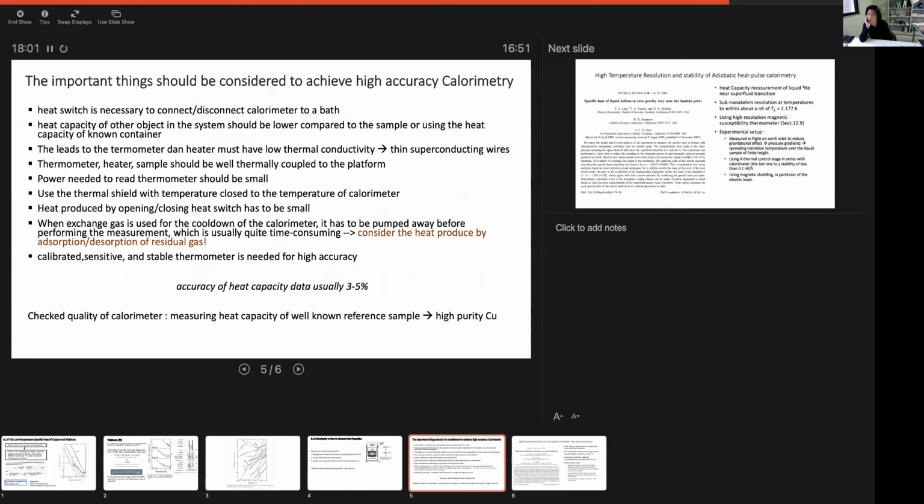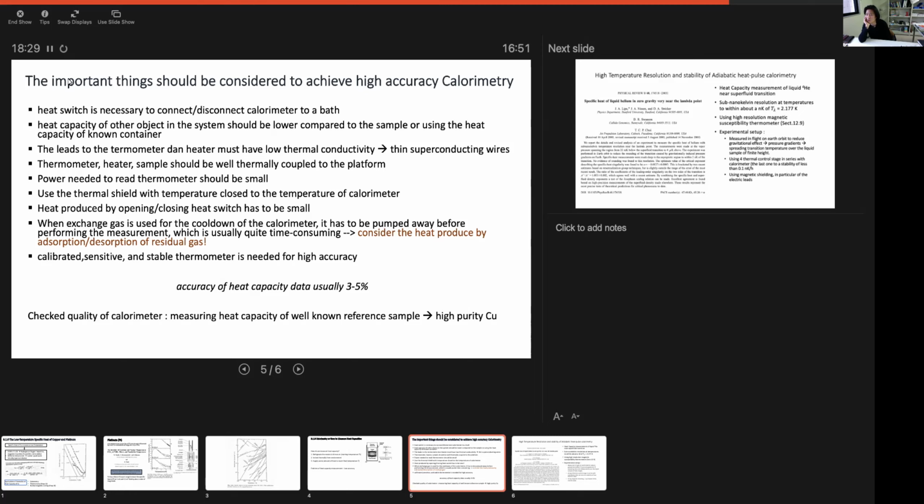You're talking about superconducting wires. Yeah, I asked this question this afternoon to the Japanese students, actually. Superconducting means zero resistivity, so it sounds like everything will go through.